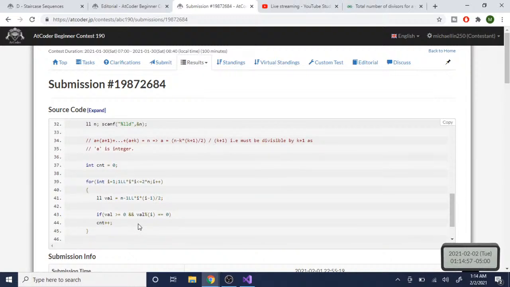So let's find the values 1, 2 to I times I over 2. So this goes to square root of 2n. N minus I times I minus 1 over 2. Yes. If this is divisible by k plus 1, what is k plus 1? K plus 1 is I. Oh, if it's divisible by I. Oh. Okay, I think this makes more sense.